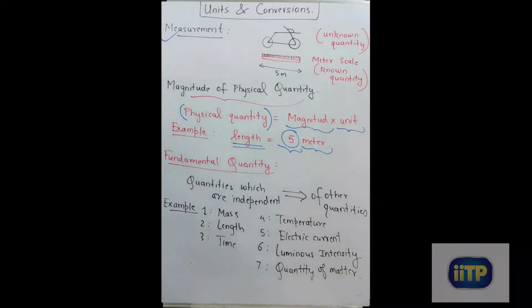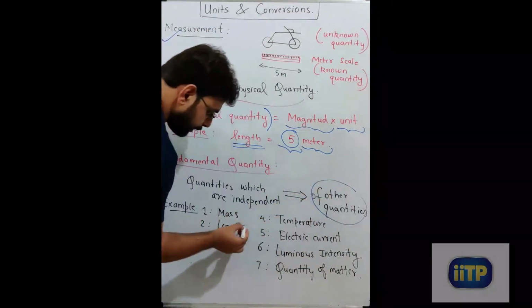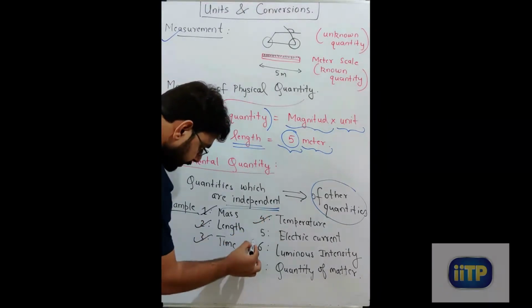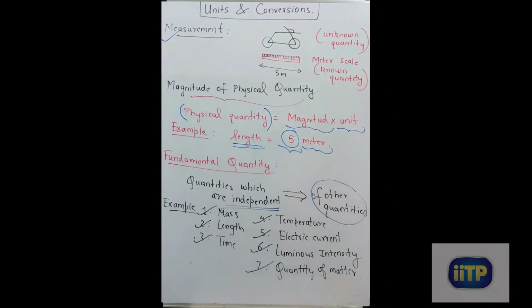Fundamental quantities. So fundamental quantities are those which are independent of other quantities. The basic and foremost property is they are independent of the other quantities, right? So there are 7 fundamental quantities here, that is mass, length, time, temperature, electric current, luminous intensity, quantity of matter.